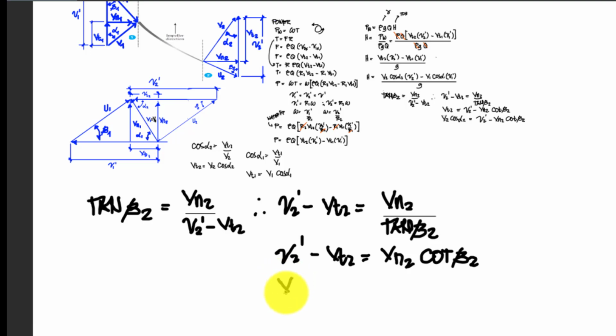So by manipulating your equation, the tangential velocity 2 is equal to the velocity of the vane at point 2 minus my normal velocity times my cotangent of beta 2.